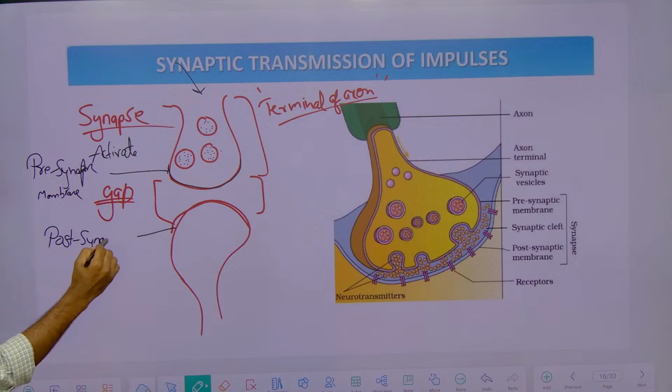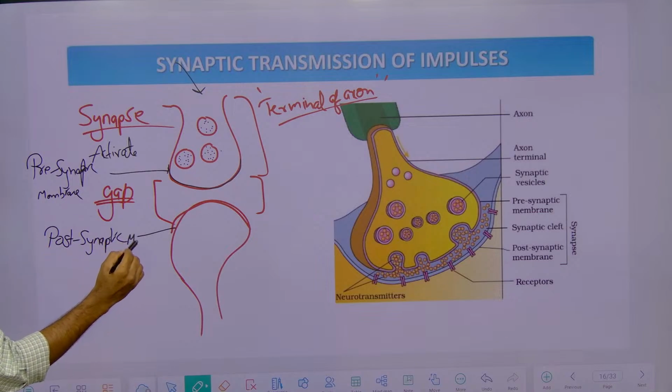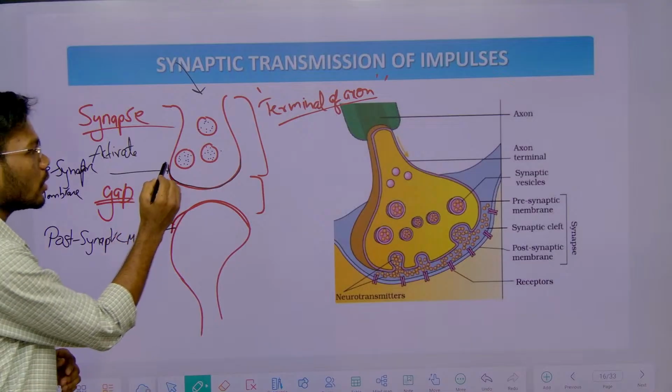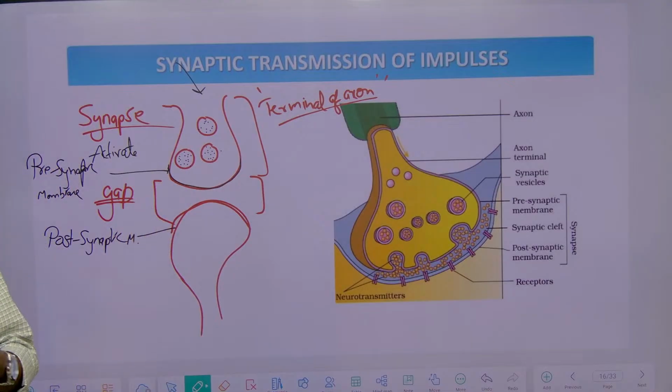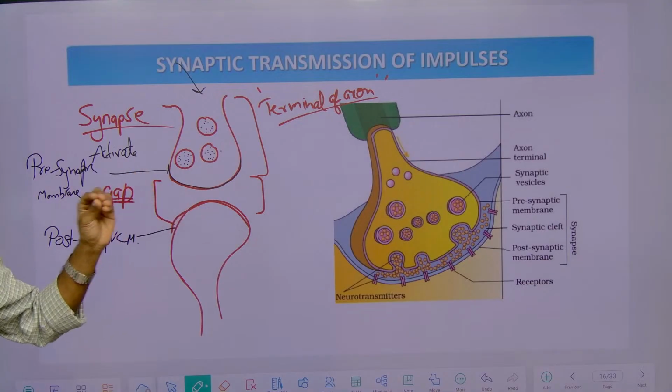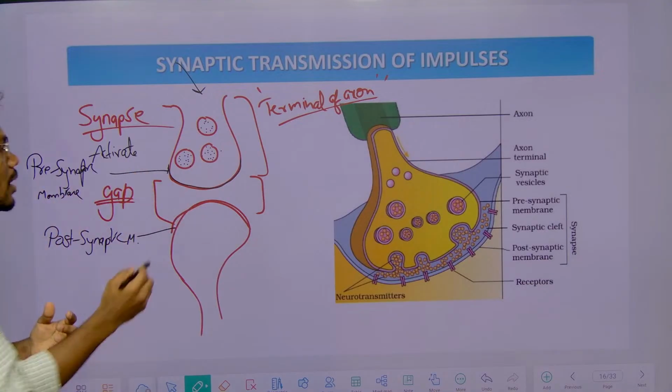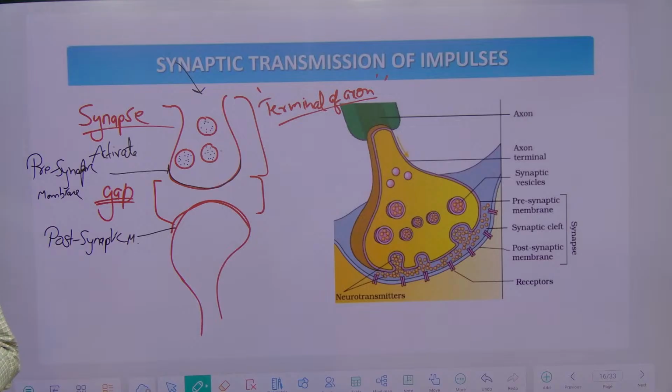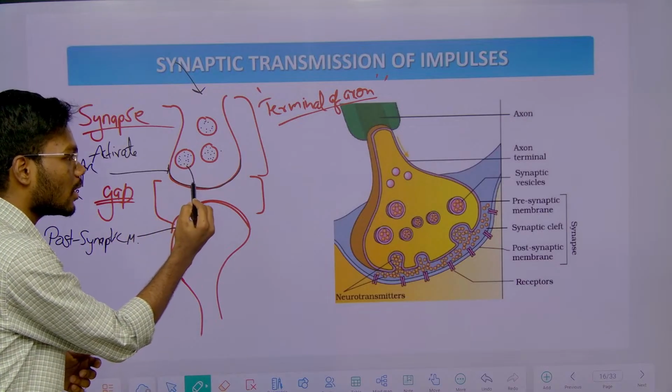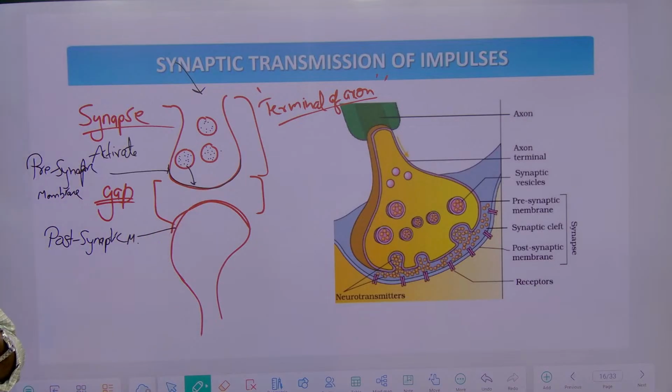The neurotransmitters are present in the presynaptic neuron, and they are going to fuse with the presynaptic membrane.